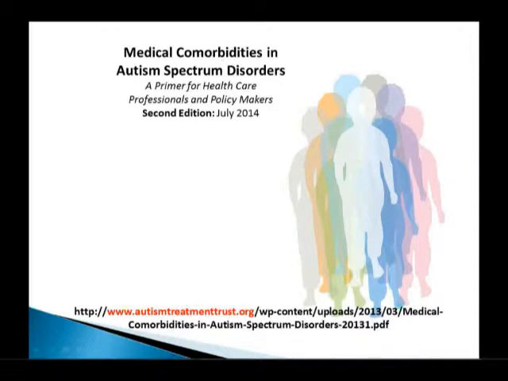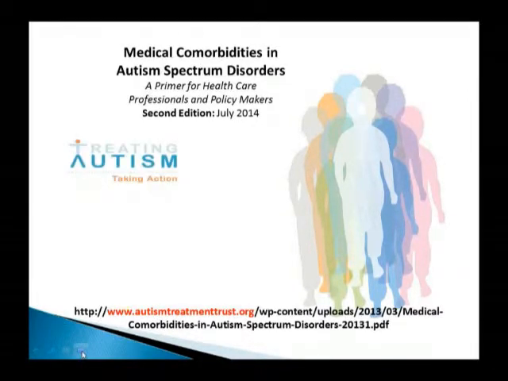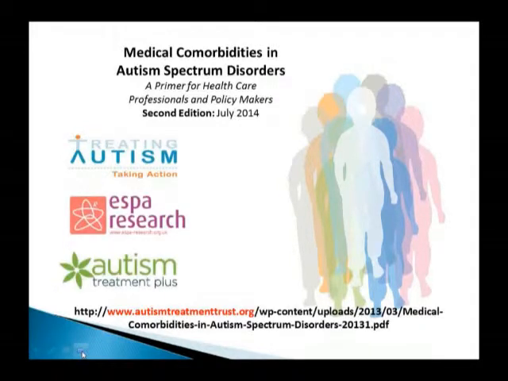This is a group out of the UK, and they've done a brilliant job as far as putting information in a cohesive way, very understandable, well-referenced, with good abstracts about the various comorbid issues. So if you have a doctor who's hesitant to help you as a parent, or you as a physician are working in a practice where maybe some of your colleagues are kind of poo-pooing what you do, this is a great thing to give them.